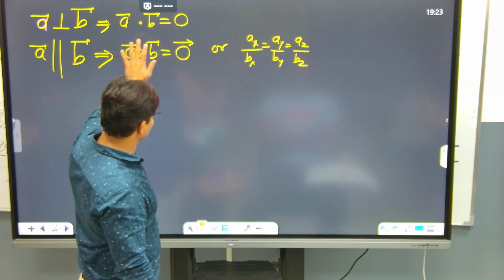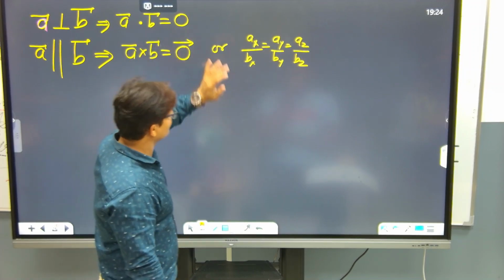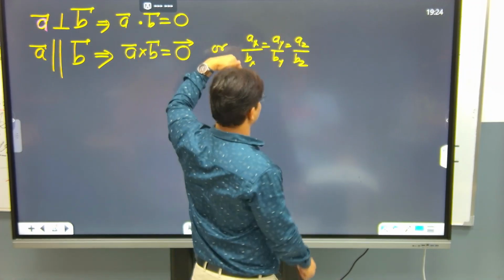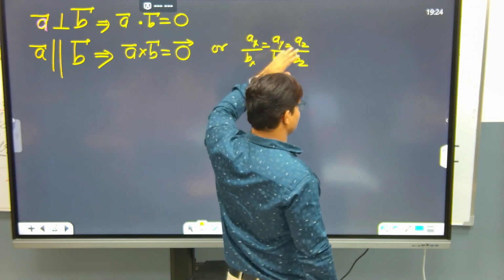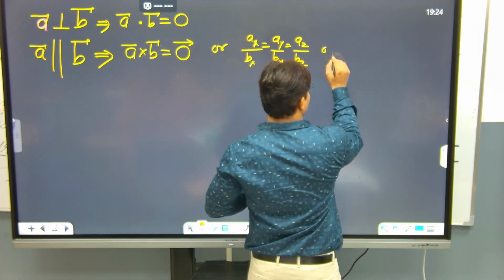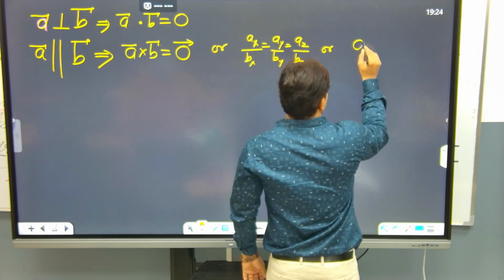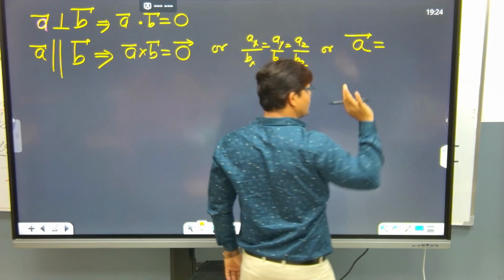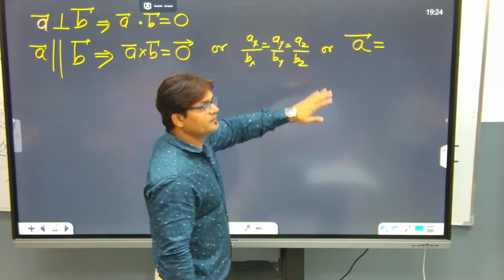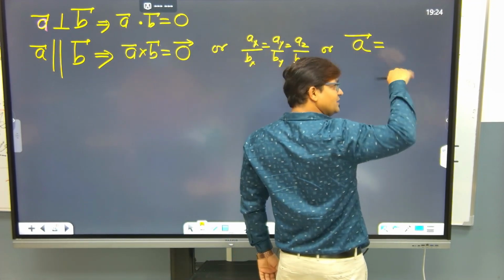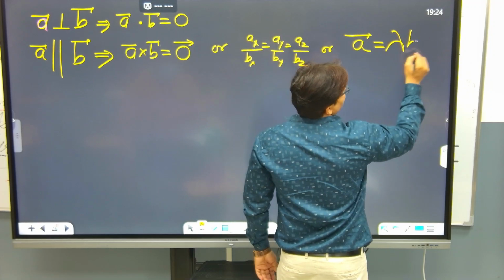So either the cross product should be the 0 vector, or their coefficients are in the same ratio or proportionate. One more thing we discussed in vectors: if two vectors are parallel or collinear, then this is the most important line.